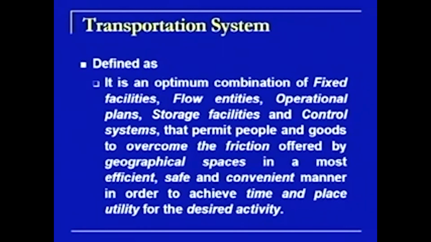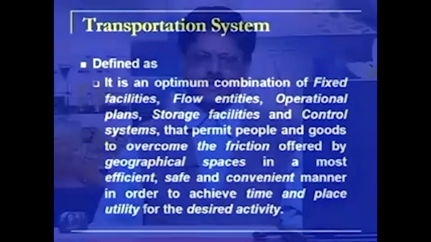Now, this is a definition which incorporates a number of important characteristics of transportation system. It talks about the fixed facilities, which are physical facilities fixed in the space, like a roadway or the track. The flow entities are the things which are moving over these facilities, the different types of vehicles moving either on roads or on tracks, the trains.